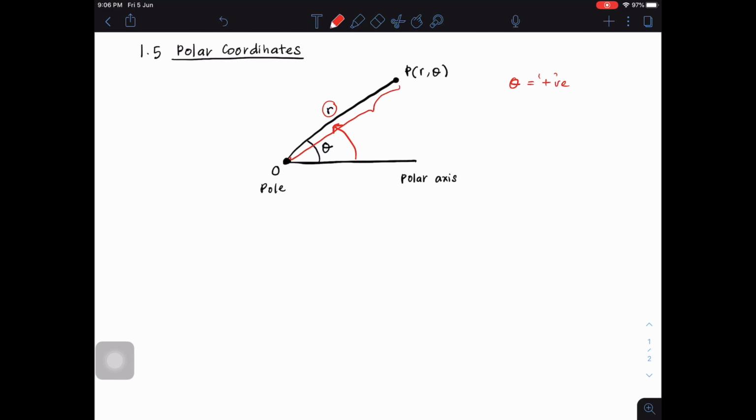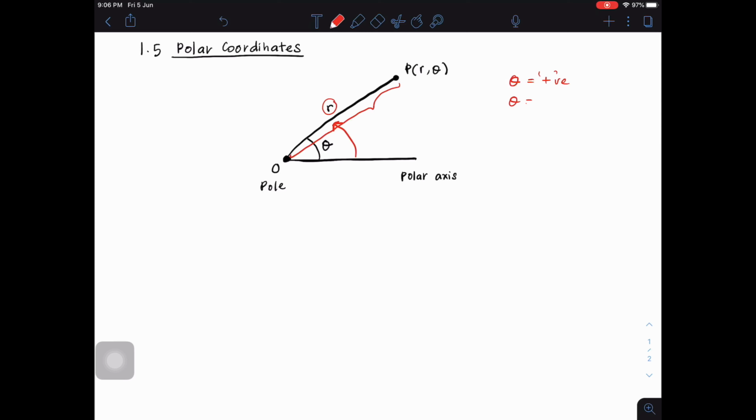While if theta is negative, it means theta is measured clockwise, so in this direction theta will be negative. If it's in this direction, theta will be positive.